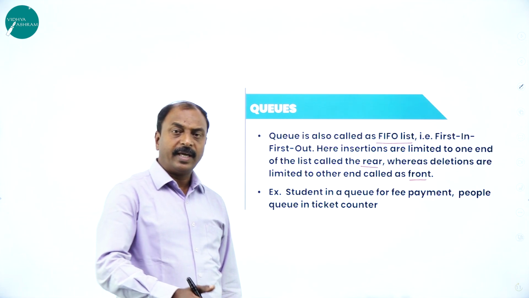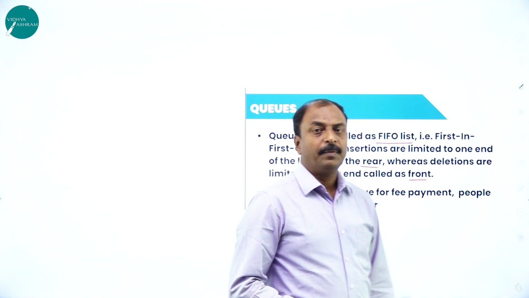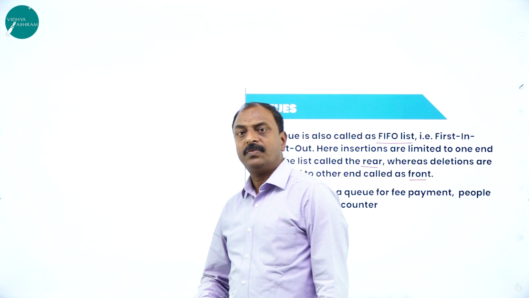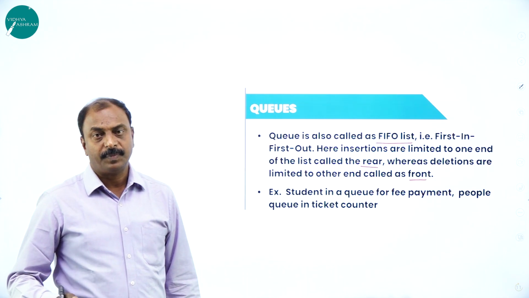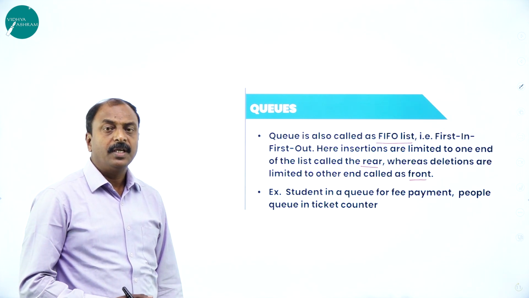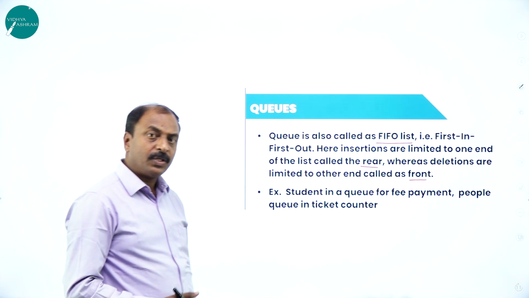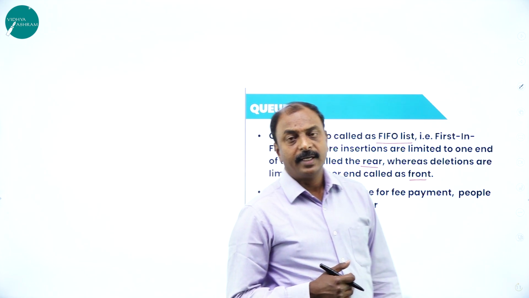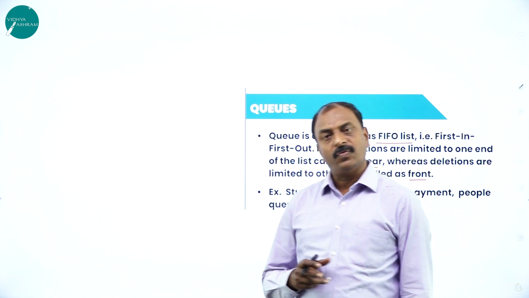Normally in our day-to-day life, we know what a queue is. We stand in a queue for different purposes. Whoever stands in the queue first is the one to come out of the queue first, and that is the meaning of first in, first out.